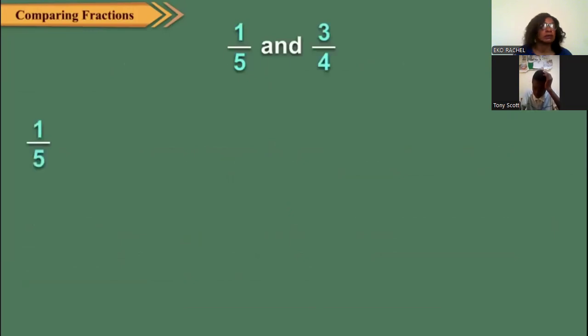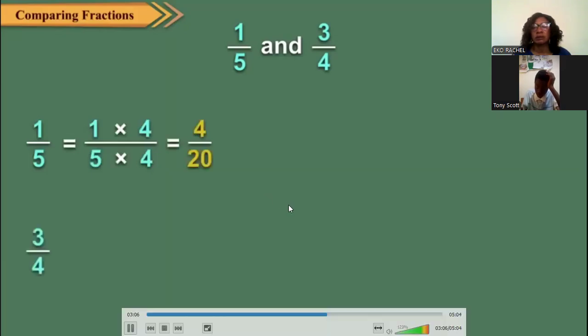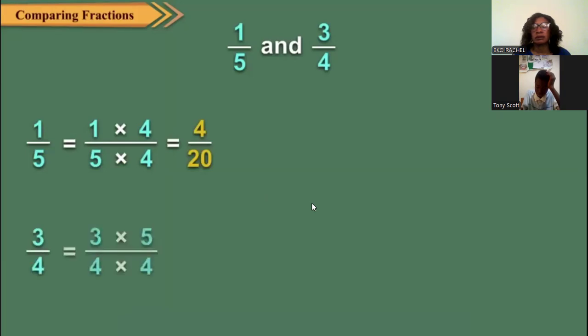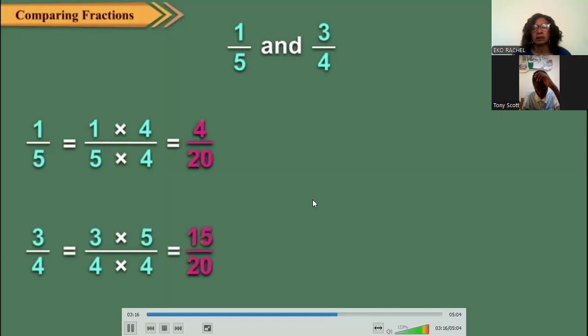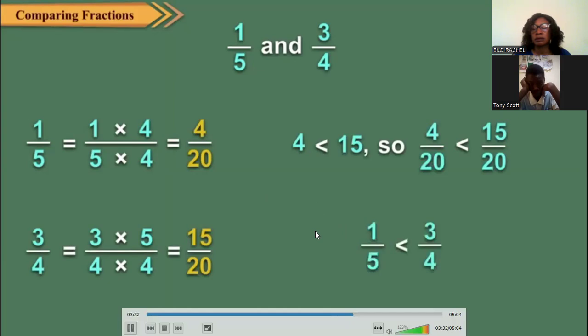First, we take the LCM of 5 and 4, which is 20. Now, changing the given fractions into their equivalent fractions, with 20, we get, now compare 4/20 and 15 upon 20. Here, 4 is less than 15. So, 4 upon 20 is less than 15 upon 20. Hence, 1 upon 5 is less than 3 upon 4.